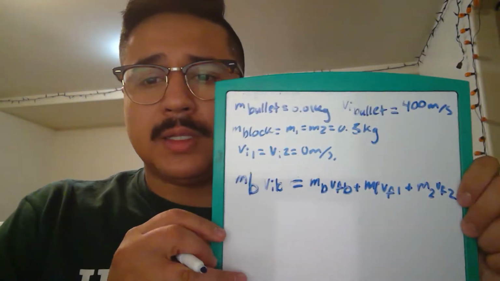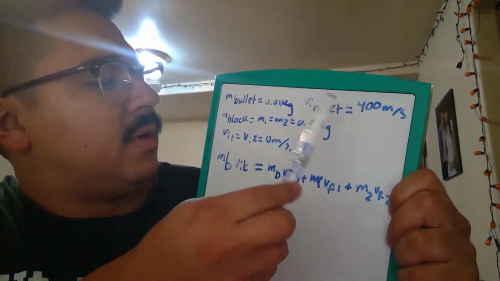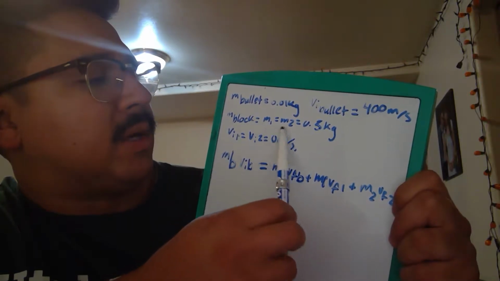So we're going to treat this problem in two different parts. The first part being that we're going to calculate the momentum of the first block, and then we're going to calculate the momentum of the second block. What's given to us is the mass of the bullet, the velocity of the bullet, the mass of the block, and both blocks are the same mass.